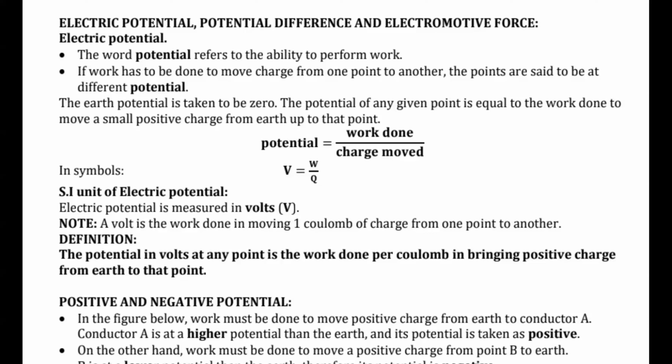So if the 2 have different potentials, then I can move a charge from one potential to another. And because in moving a charge I have to do some work, that work done is what we call the electric potential. Work done in moving a charge or a coulomb of charge from one point to another.